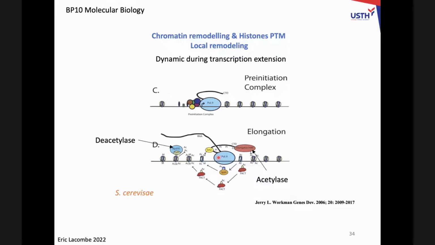Okay, I understand now. But do you understand this sliding window? Yes. You decompact in front and you recompact at the back in order not to have everything decompacted. Okay.